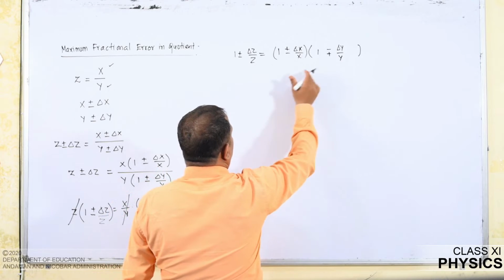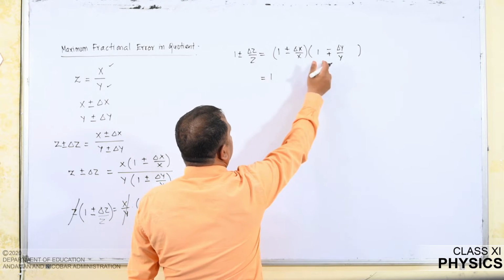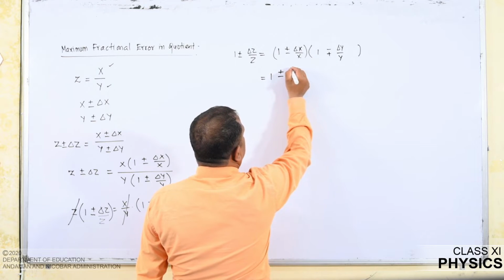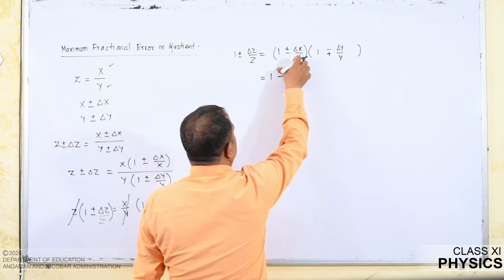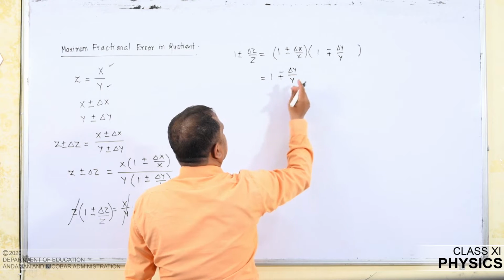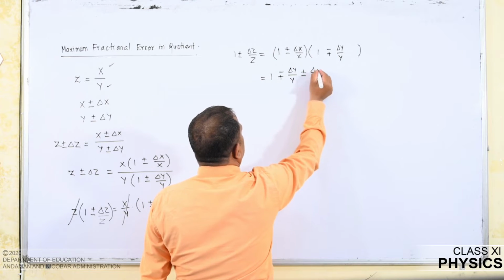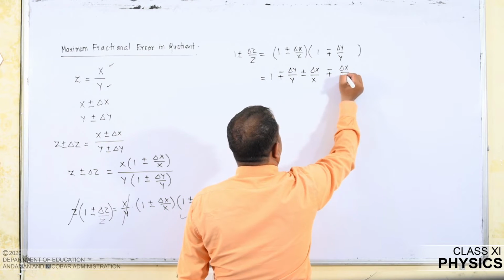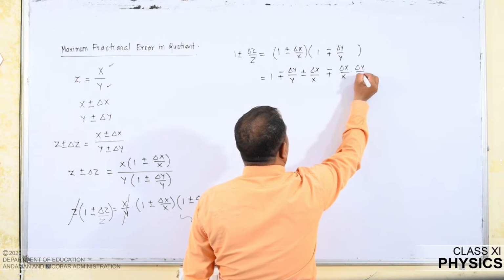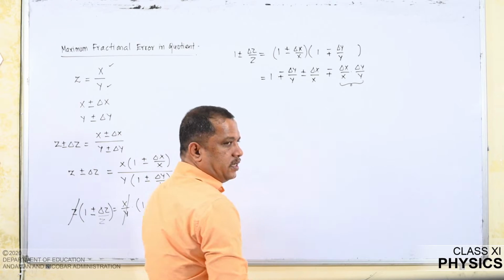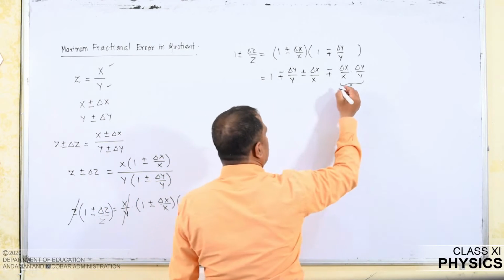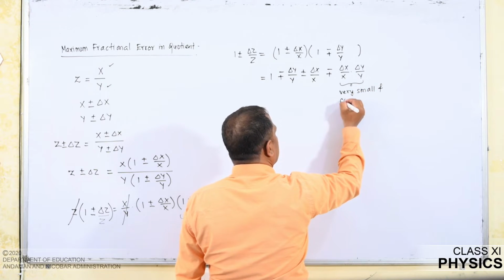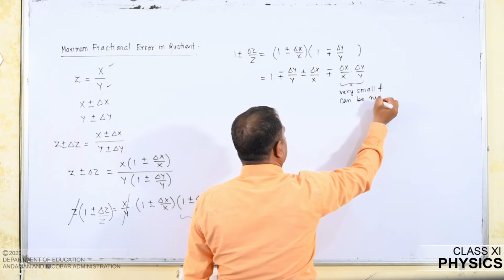In that case, when I try to find the product, I am going to have 1 minus plus delta y over y, minus plus, and if I multiply this plus or minus delta x over x by minus plus delta y over y, in the previous case, as we saw, these quantities are very small and can be neglected.